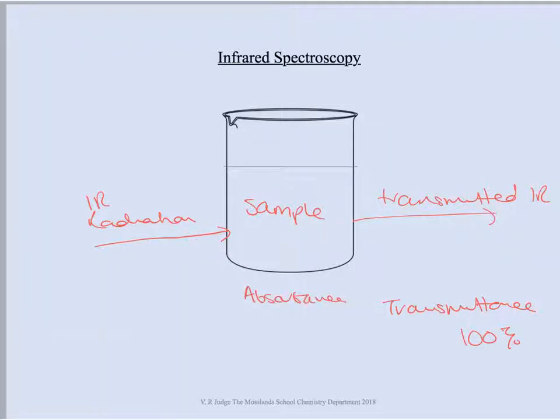So you end up with a transmittance of less than 100%. Now what the infrared spectroscopy does is it takes the information from what's been transmitted and what's been absorbed, and it particularly looks at the wave numbers that have been absorbed, and connected to a computer it produces a spectrum. So we're looking at another different type of spectrum like the one on the previous slide.